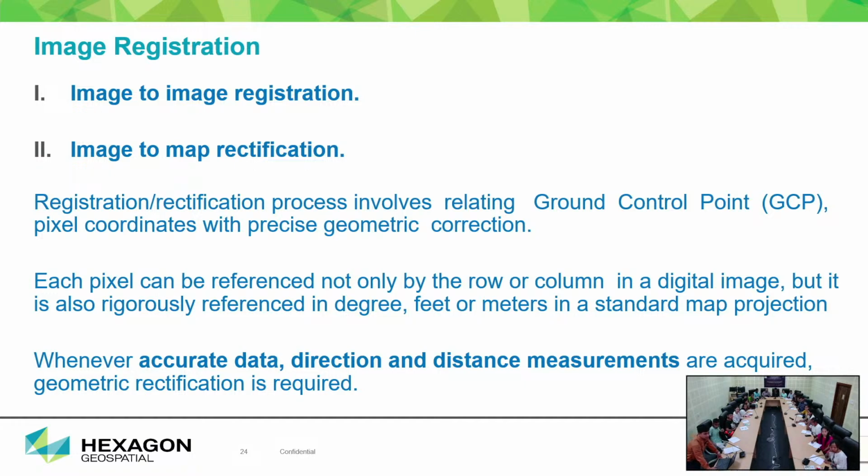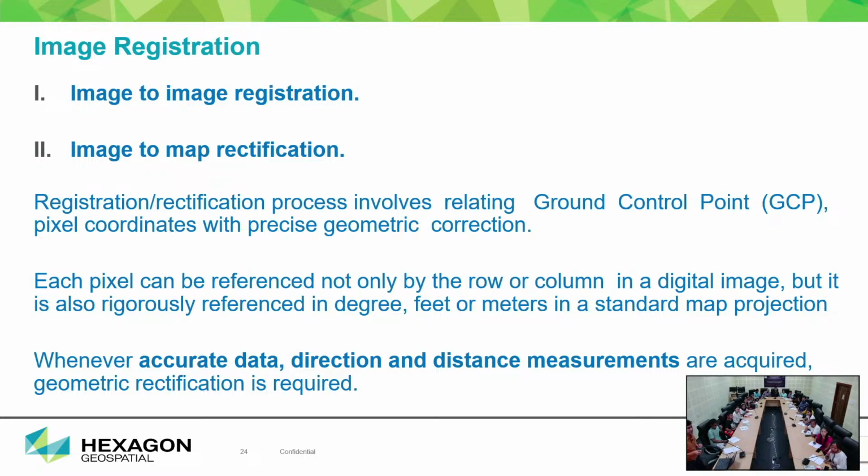So image registration, we are basically doing for image to image registration, and another is image to map. Image to image means you have two types of satellite data. I have already discussed that when you want change detection, that time we will go for image to image registration.